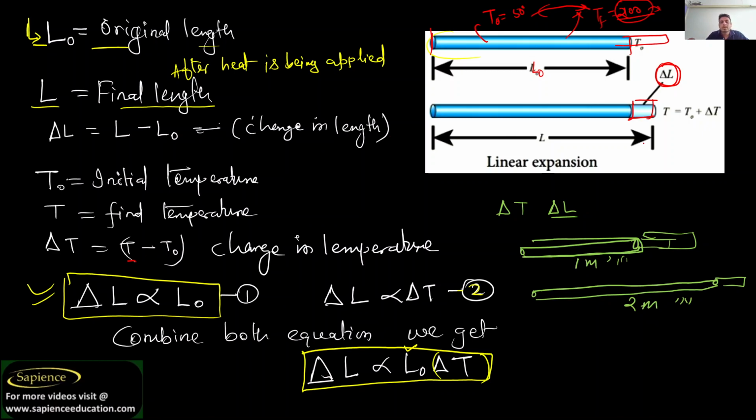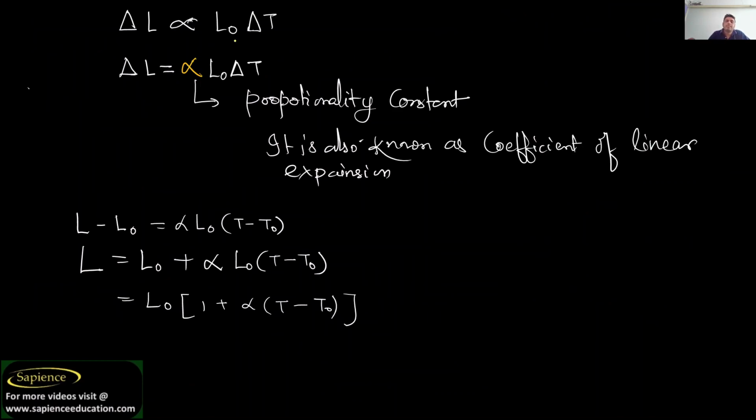Now going to the next step. If change in length is directly proportional to the original length as well as change in temperature, then if you remove the proportionality sign, you will get a constant. This proportionality constant is also known as the coefficient of linear expansion.